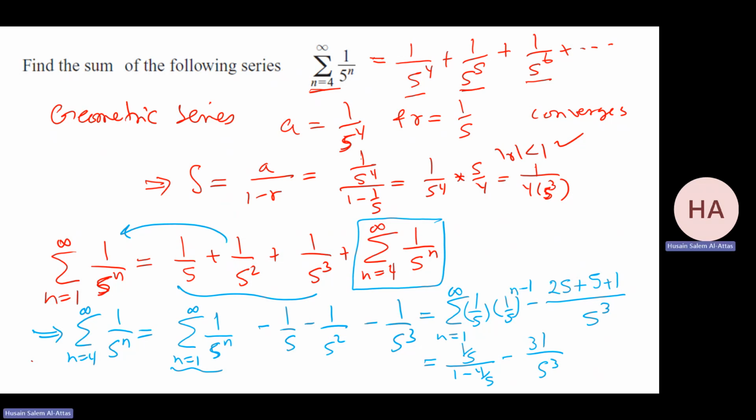This is 5 minus 4, which is 1 over 5. That will be 1. I'm not getting the same answer. Why is that? There's something wrong. A is 1 over 5 to the power 4, that will be my A starting point. And R is 1 over 5.